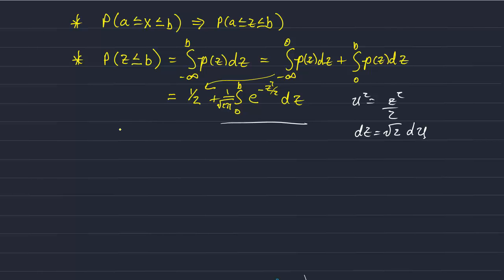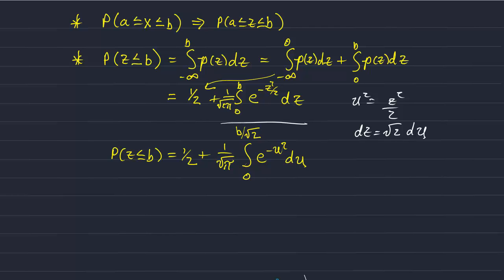And when we do that, we have the probability of z being less than or equal to b is equal to 1/2 plus 1 over the square root of pi, since we did that u substitution, the integral from 0 to b divided by the square root of 2 of e to the minus u squared du.